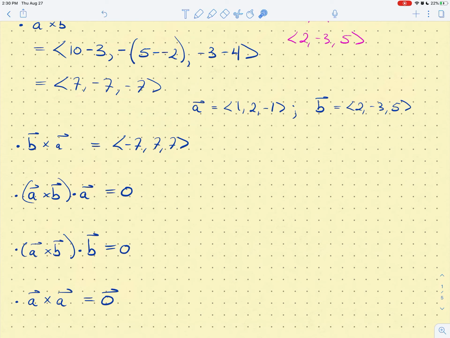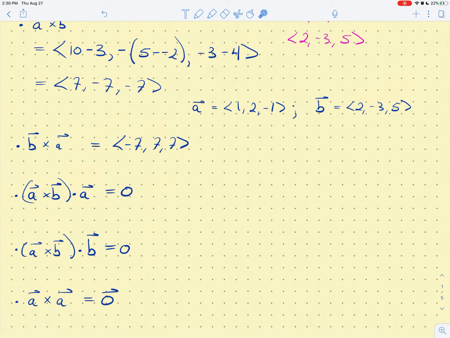It's interesting when you think about A cross B dot A: what is the significance of this dot product being 0? Well, it means that these two vectors are orthogonal. So in this example, this part is saying that the cross product of A and B is orthogonal to both A and B.